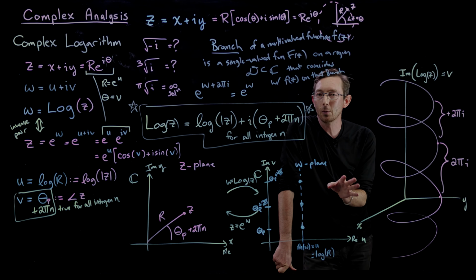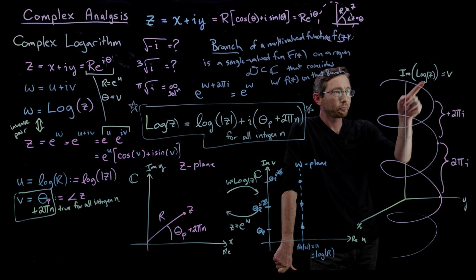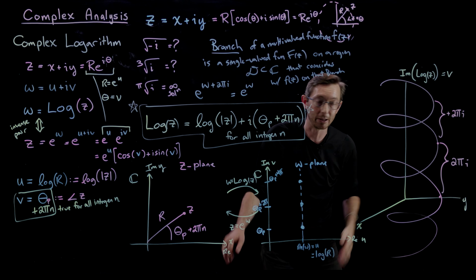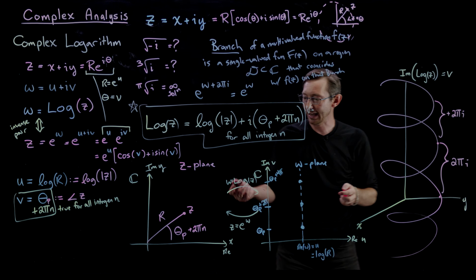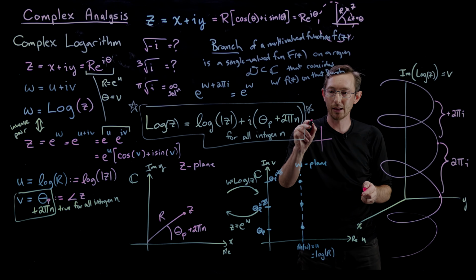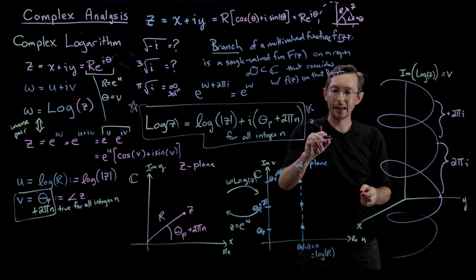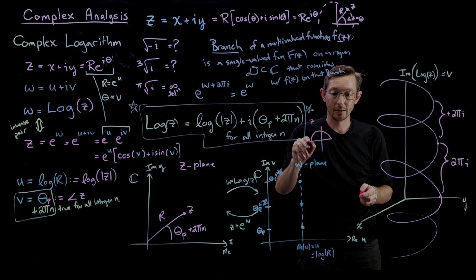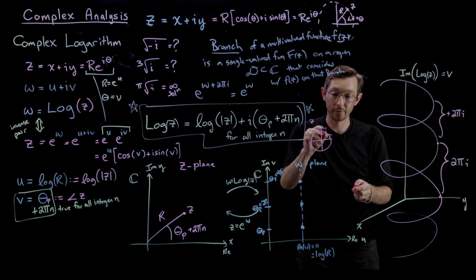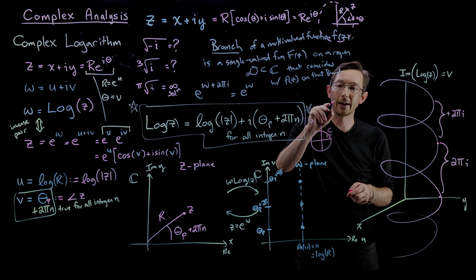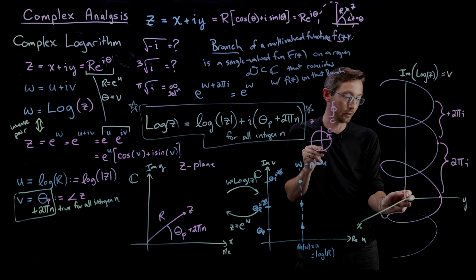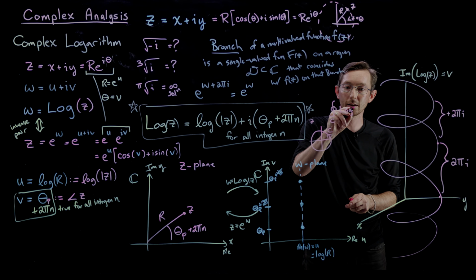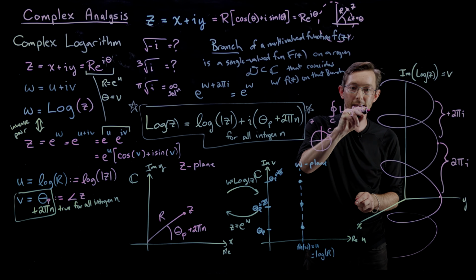This is really, really weird, because I'm going to give you the punchline, because I can't help it. This is where this is all going: if I take my z plane and integrate around a closed loop, let's call this a contour C, that includes the origin, the integral of log of z dz is going to equal 2 pi i.